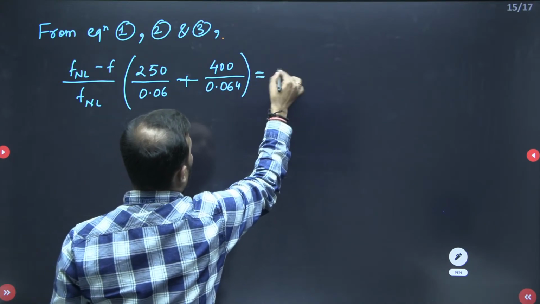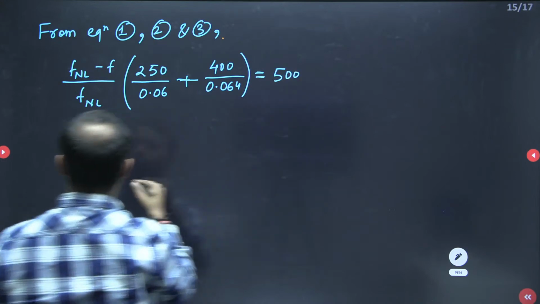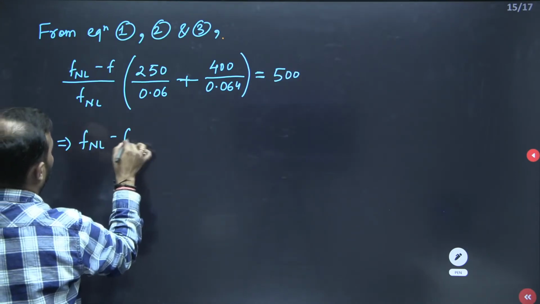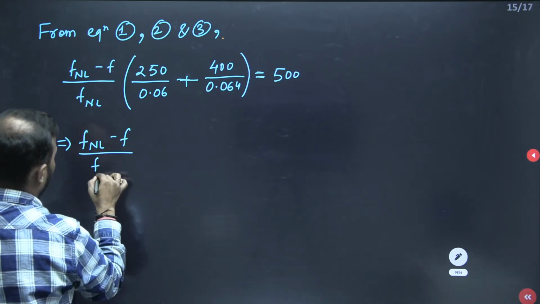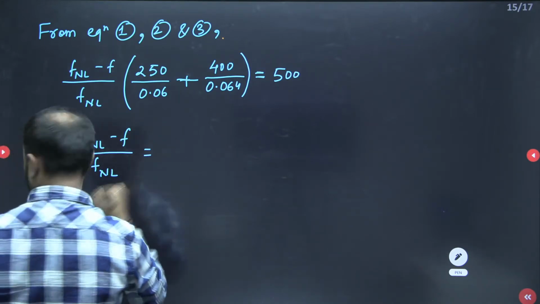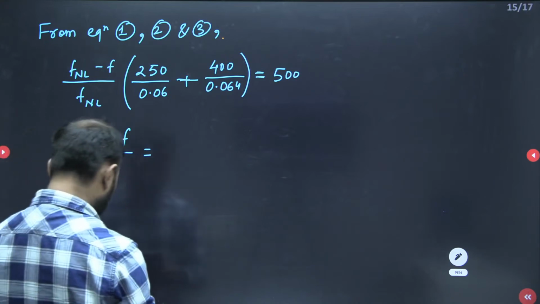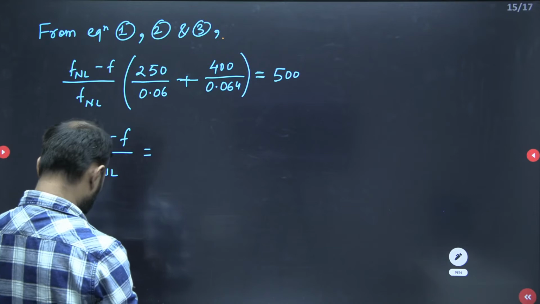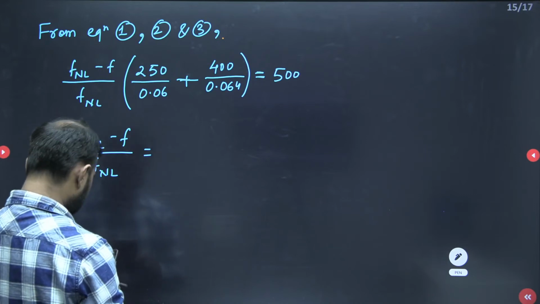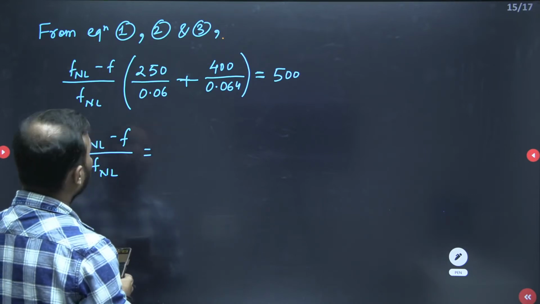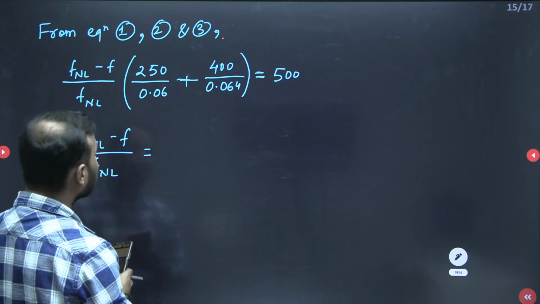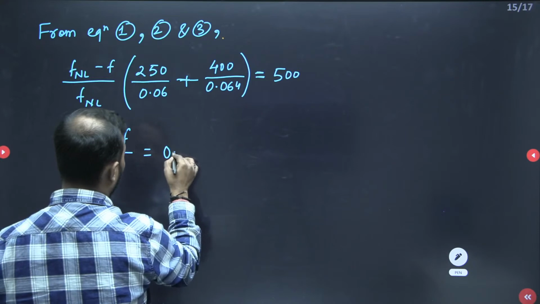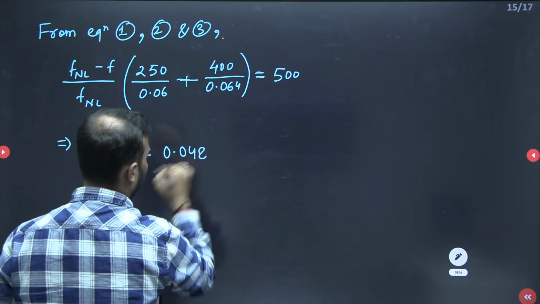This is given in the question. So from here, (F no load minus F) whole divided by F no load is equal to 500 divided by (250 upon 0.06 plus 400 upon 0.064). So I am getting this value as 0.048.